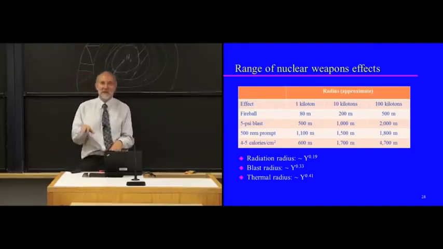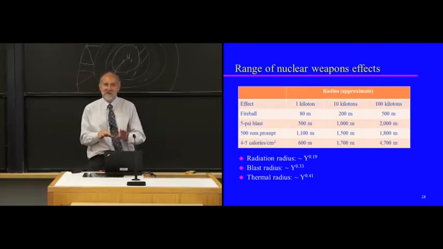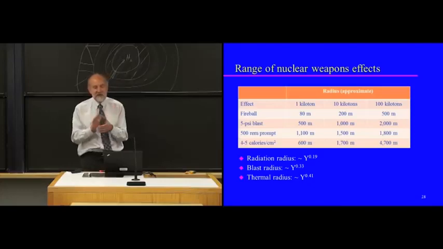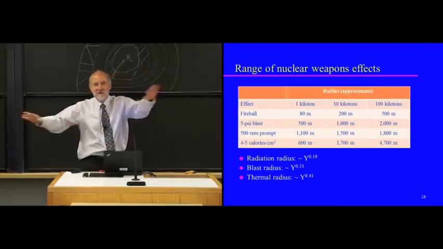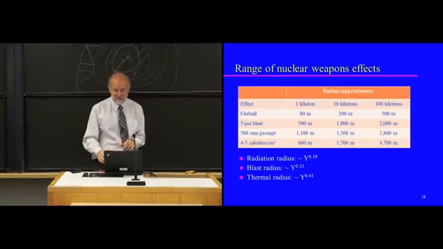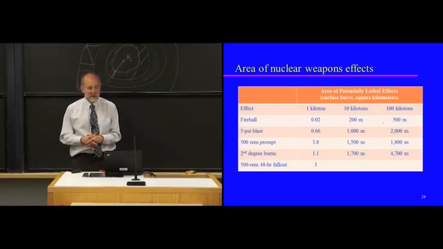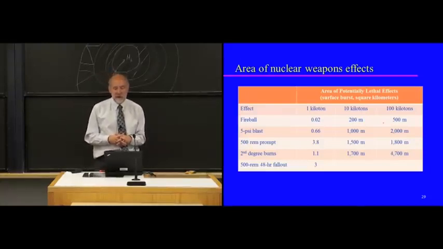And the mistake you make by assuming everybody dies within 5 psi is similar in size to the mistake you make by assuming everybody survives outside the 5 psi. But it is a gross oversimplification. It doesn't really work if the population isn't sort of homogeneous over a broad area and so on. So this just gives you the areas that go along with those effects.